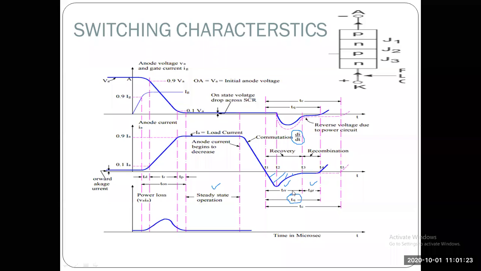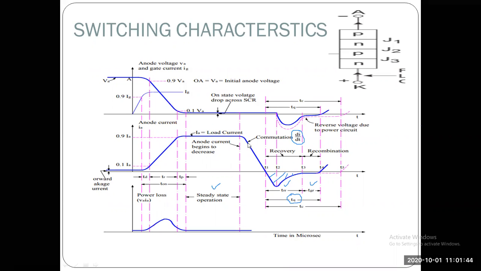Initially the SCR is in the on state, so how much anode current is present before we give the command?